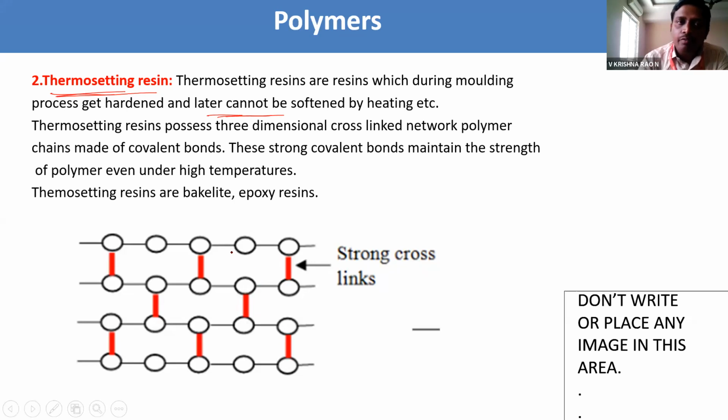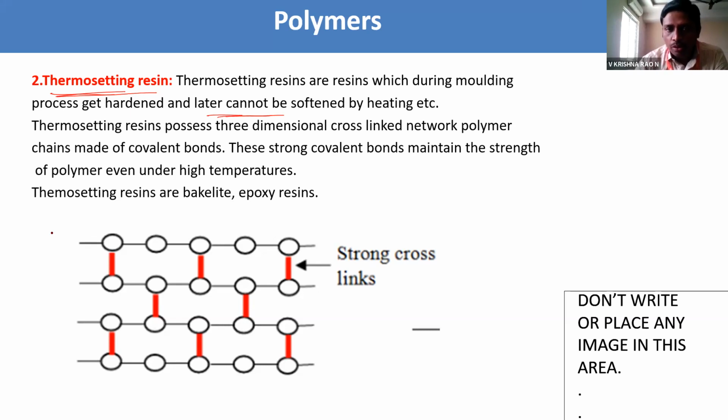In the thermoplastic resin, weak bonds are present. On heating, the bonds undergo breakage and it forms a softened rubber. Again, on cooling, you get the hardened rubber. But here it is not happening like that. In the thermosetting resin, during the molding it gets hardened and we cannot soften it by heating.